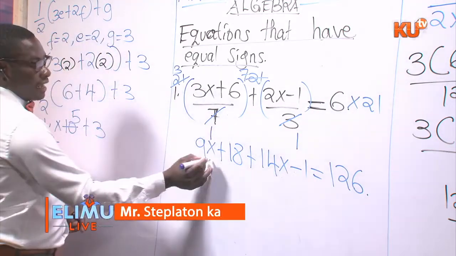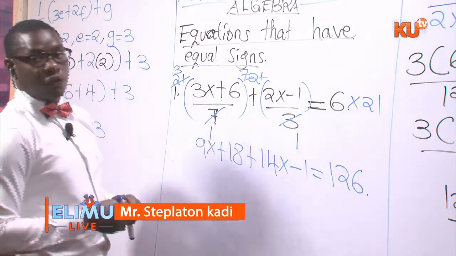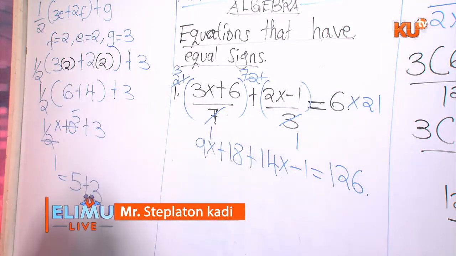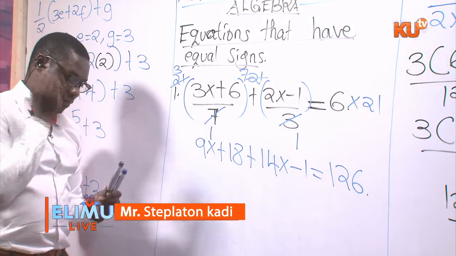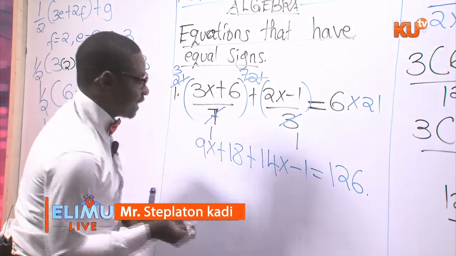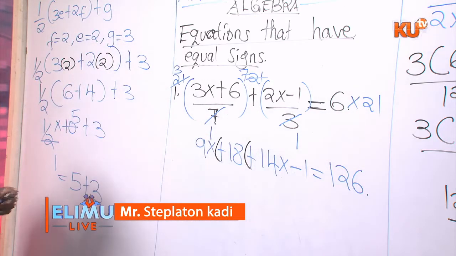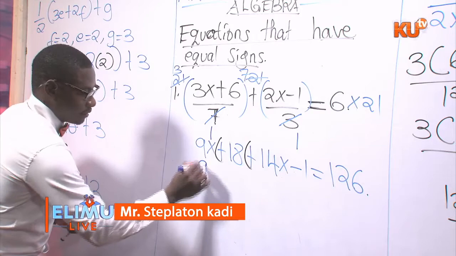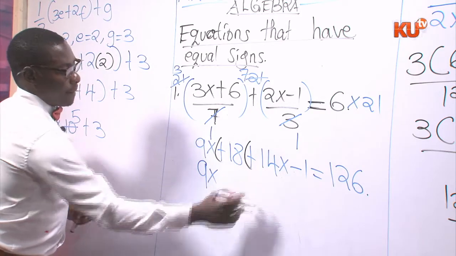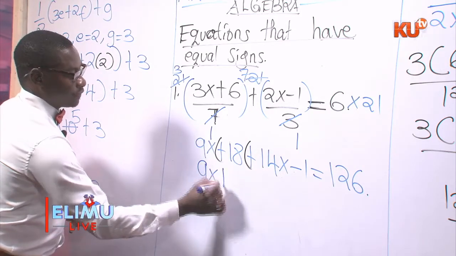So we have 9x and 14x. Before collecting the like terms, we said you pick the number and the sign before the number. So in this case, you pick this and that. We have 9x plus 14x.